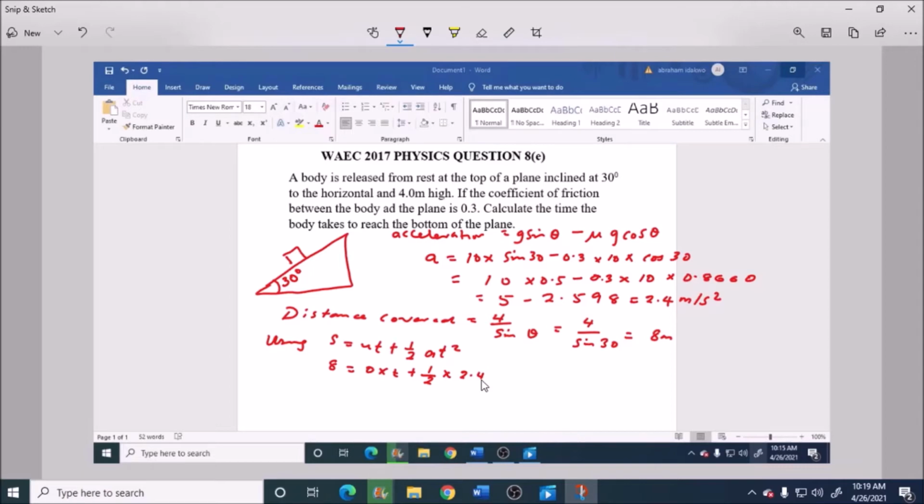So we have 8 equal to 1.2 T squared, then T squared is equal to 8 over 1.2, and that will give us 2.58 seconds.